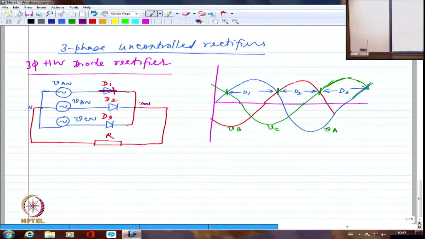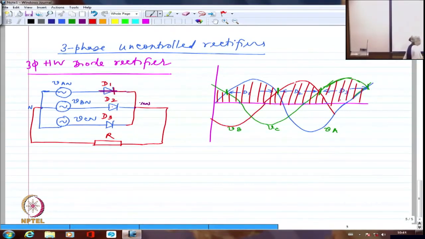So for a simple diode rectifier, whether with R load or RL load, it doesn't matter, I am essentially going to see that this entire thing is the voltage that comes up across the load.